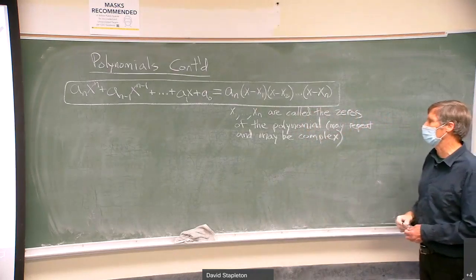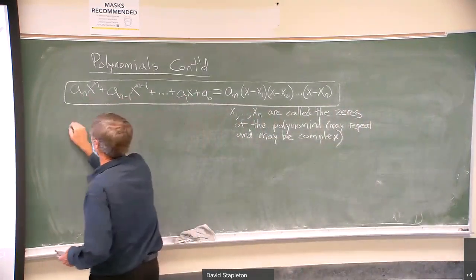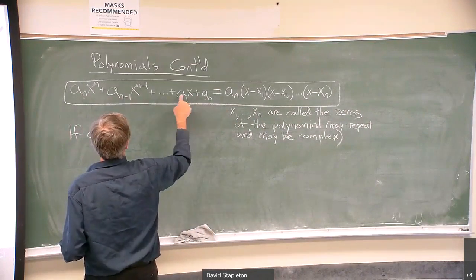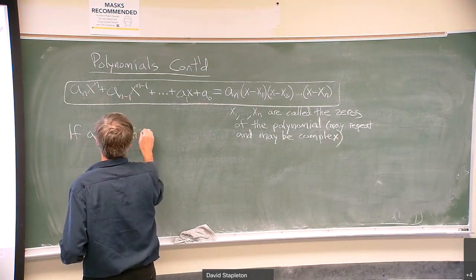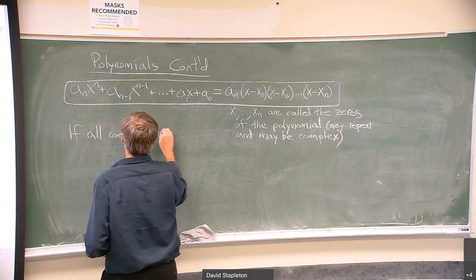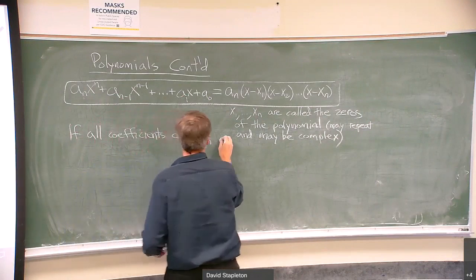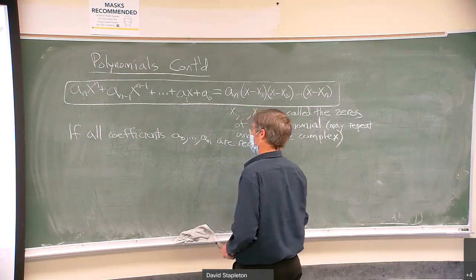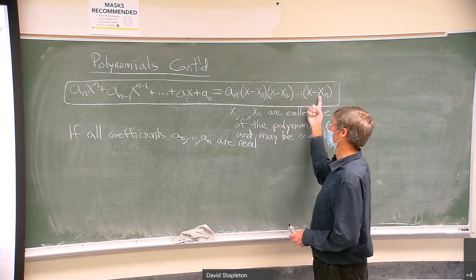What do we know about any of the complex zeros? If these numbers here, a0 through an, are all real numbers, so if it has real coefficients, we call these numbers that multiply the powers of x coefficients. If all coefficients, a0 through an, all n plus one of them, are real numbers, decimal numbers, not having square root of minus one in them, then what do we know about this factoring?